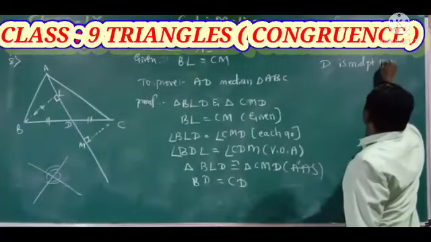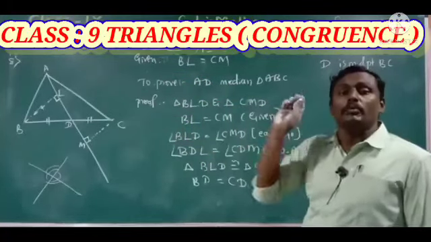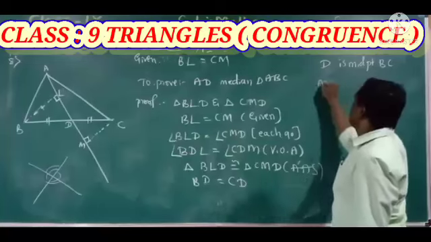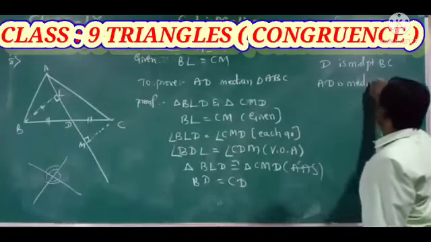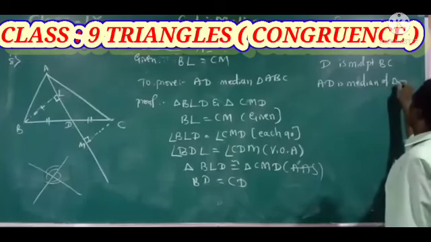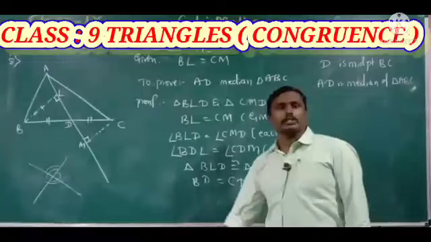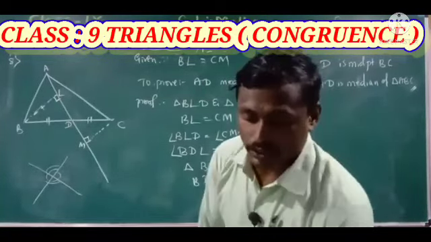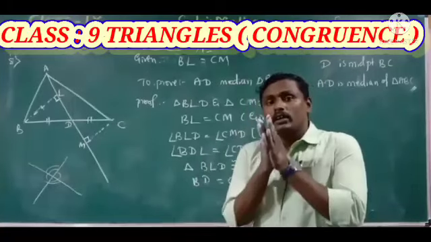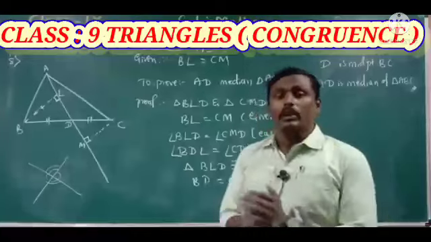If D is a midpoint of the side BC, the line drawn from the opposite vertex A to D is a median. So AD is a median of the triangle ABC. Hence we proved the given statement, because whenever the line drawn from the opposite vertex divides the base into two equal parts, the line acts like a median.